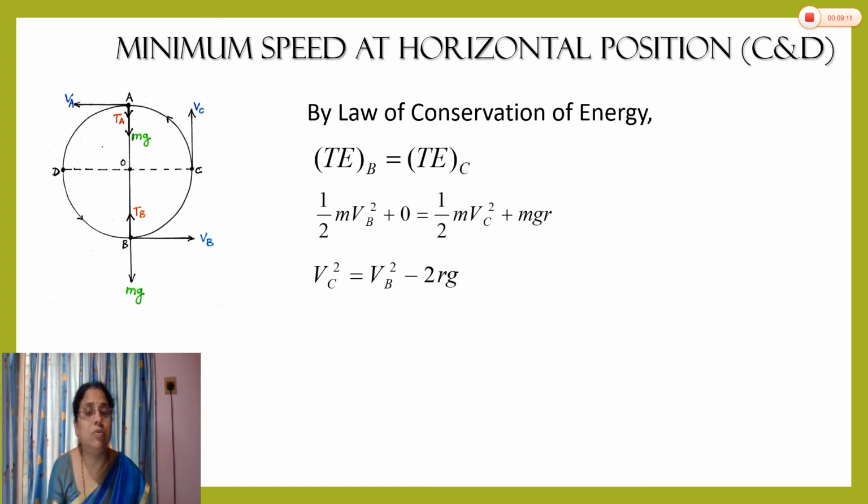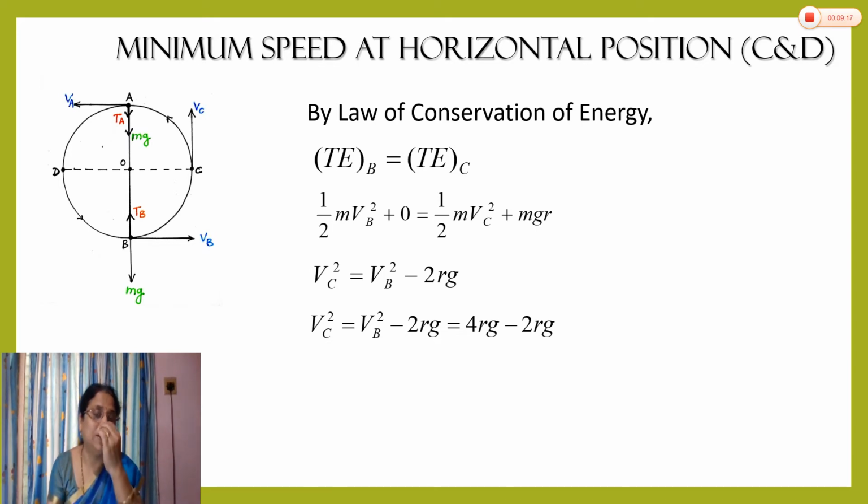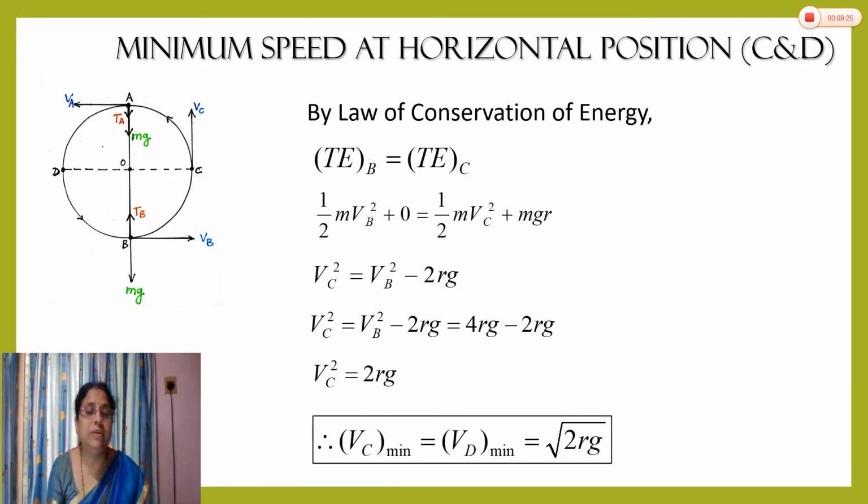Vb square is equal to 4Rg. And therefore see, Vc square is equal to Vb square minus 2Rg. We can say here 4Rg minus 2Rg. That is Vc square is equal to 2Rg, and the Vc minimum or Vd minimum, the minimum speed at this middle point C or D, is equal to under root 2Rg.